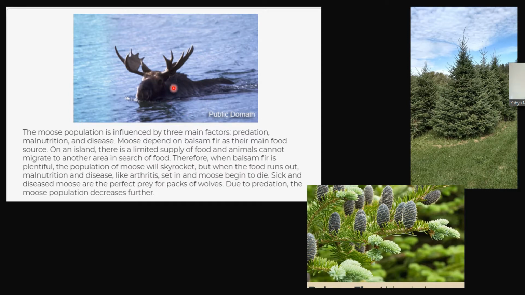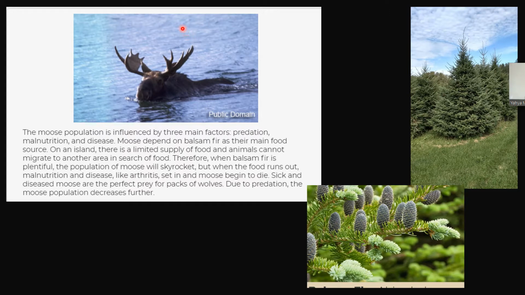And when they get sicker, it could also make it easier for the wolves to get them as well. So there are multiple effects going down. So the point is that the population goes up and down due to a lot of different effects, not only because of predation, but also because of their own food supply. If their food supply goes up, their population goes up. If it goes down, their population also goes down.